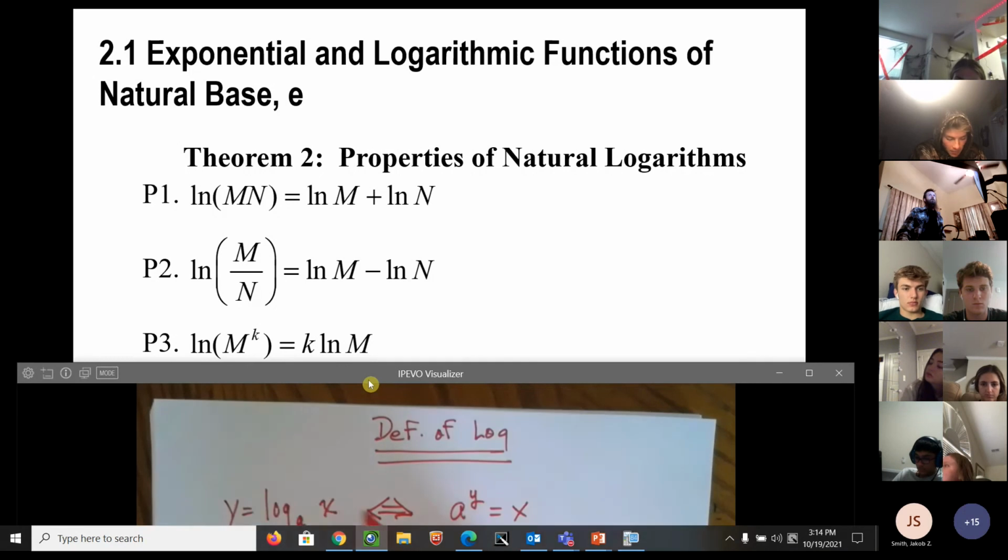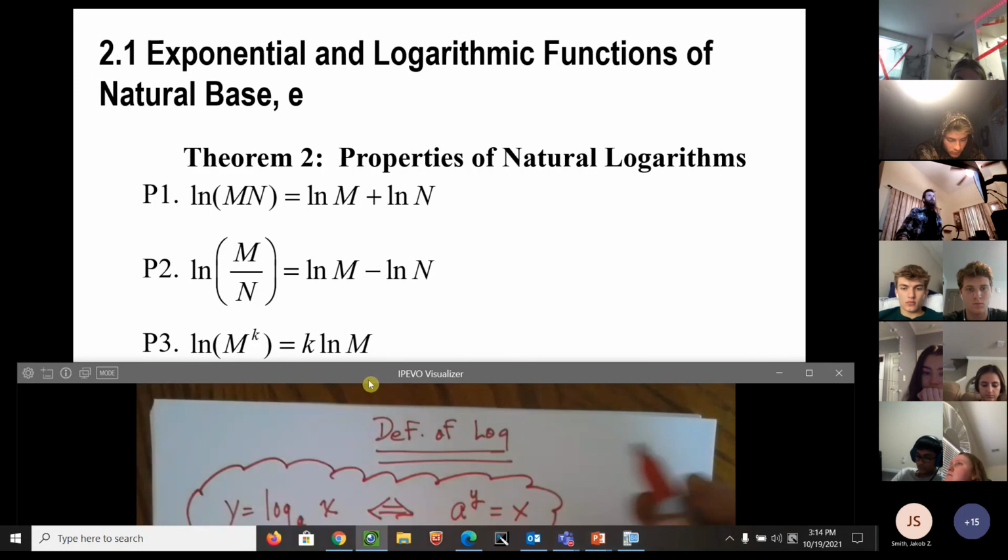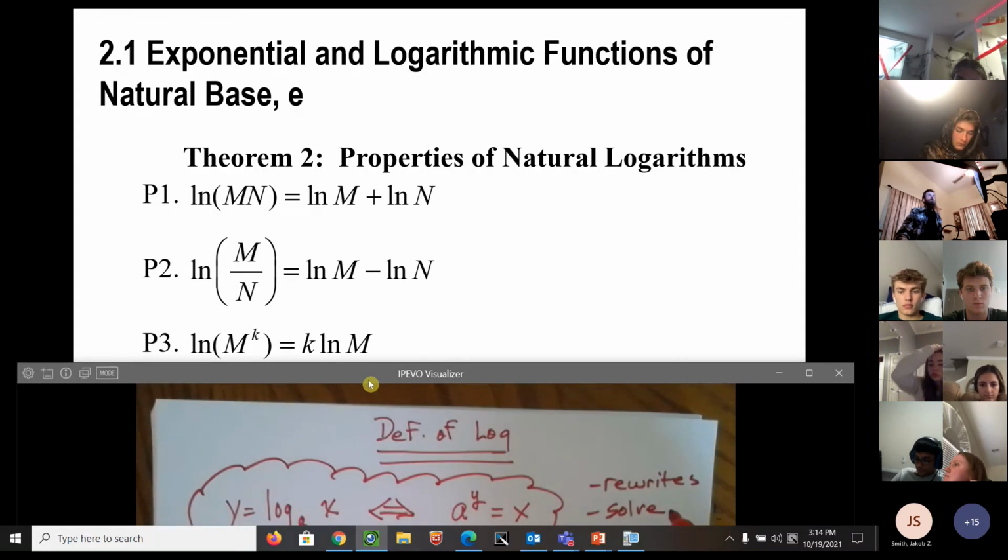Now right there, you better put to memory, because it can help you with rewrites. It can help you with solving a logarithmic equation, and it can help you with turning an exponent into a logarithm, or a logarithm into an exponent.